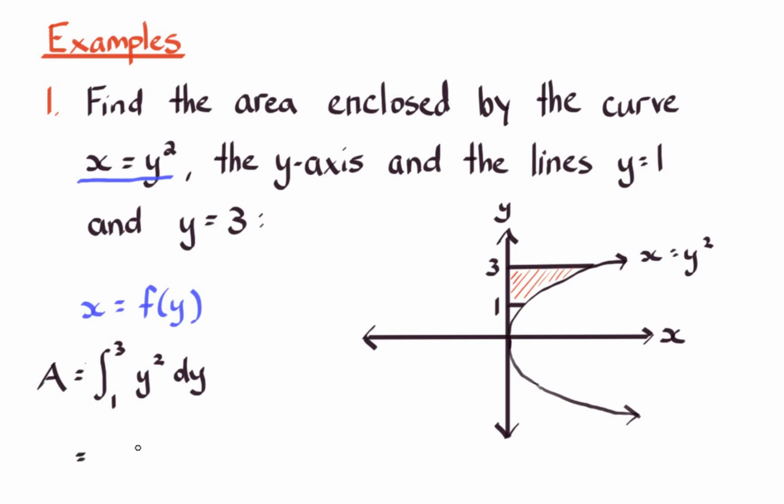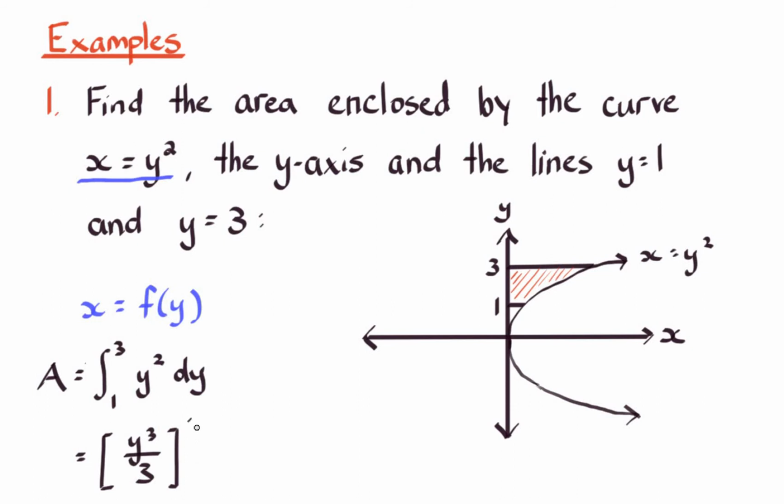While we're used to doing something more like x squared dx, and now we're doing y squared dy, it's just a change of variable. So in terms of the actual algorithms that we use, the processes, they remain the same. So if you had to integrate y squared, well, you would raise the power by 1 and put it over that new power.